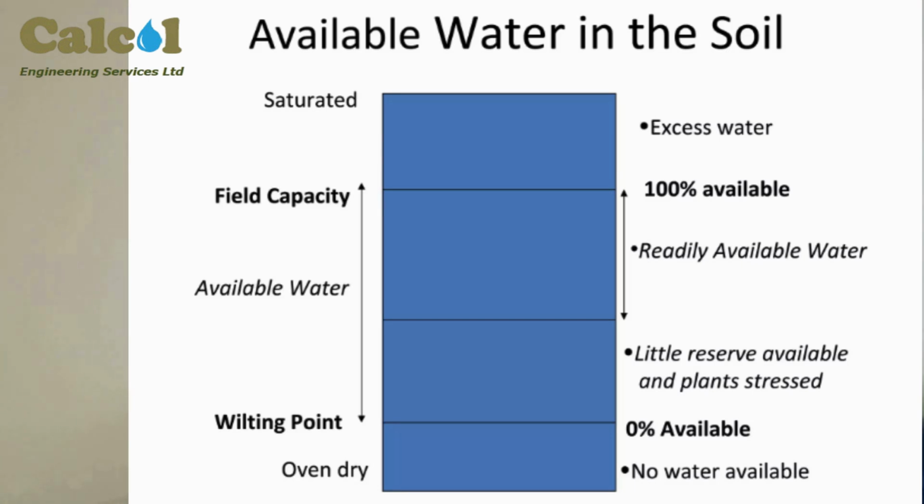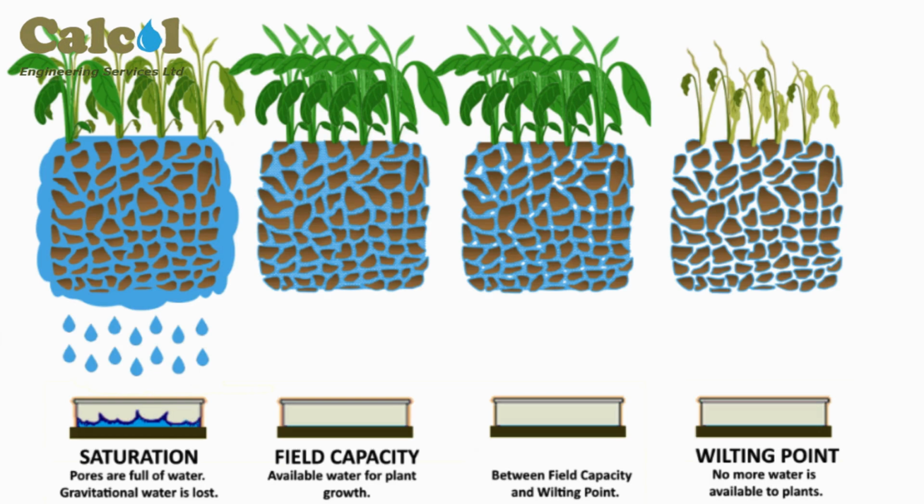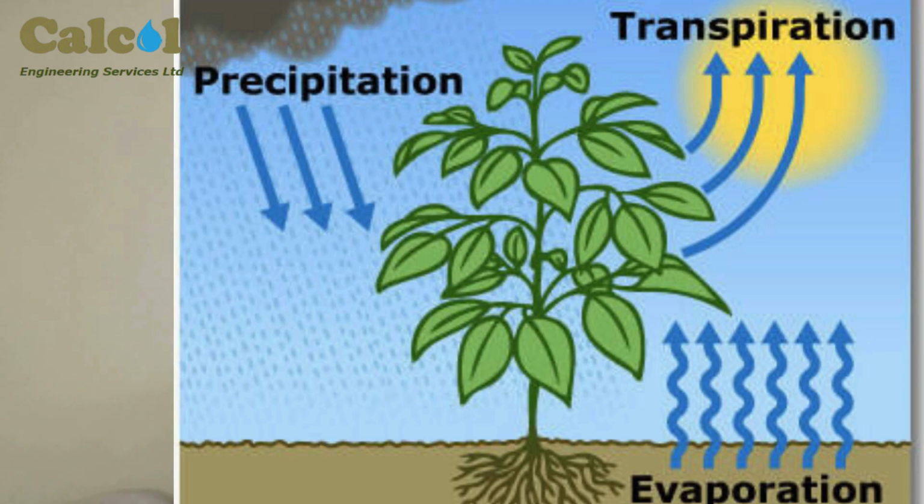There is also another important level, that is the permanent wilting point. The permanent wilting point is the point at which the moisture content of the soil is not able to meet the transpiration demand of crops. If you remember from the previous video, we talked about the evapotranspiration rate, which is a factor of evaporation from the soil as well as transpiration rate.